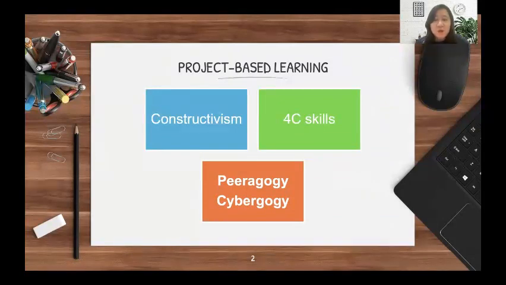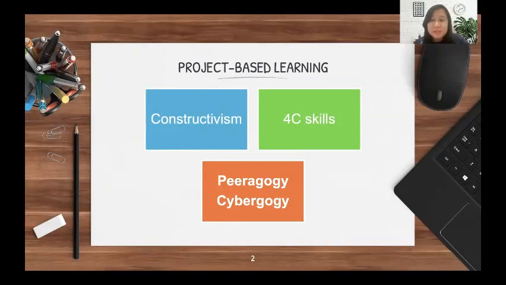Project-based learning is based on pedagogy and cybergogy, since students learn and achieve knowledge with their friends and they utilize technology to support their learning. Project-based learning is believed to promote student critical thinking, collaborative skills, communication skills, and creativity.